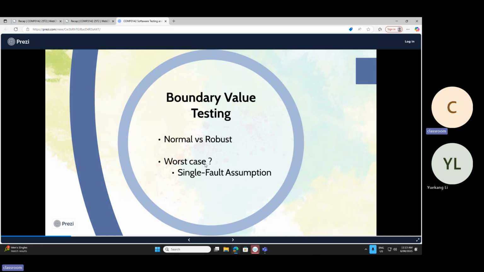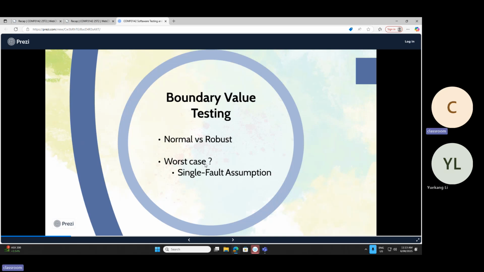And for boundary value testing, we learned two key concepts that give us variations of different boundary value testing techniques. So the first concept is about whether the testing is normal or robust, right?